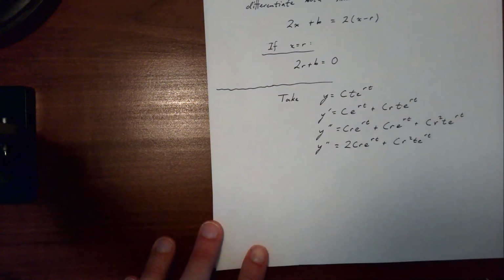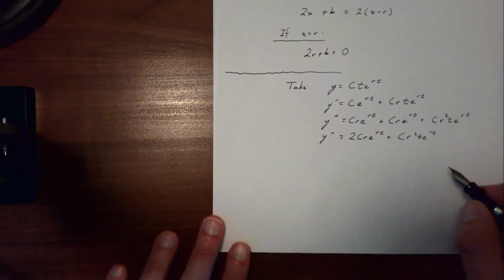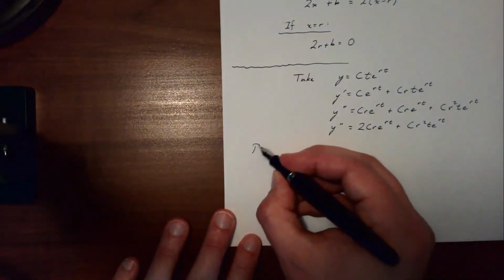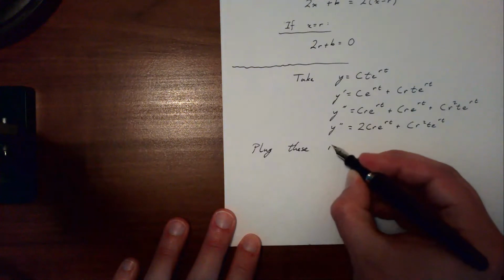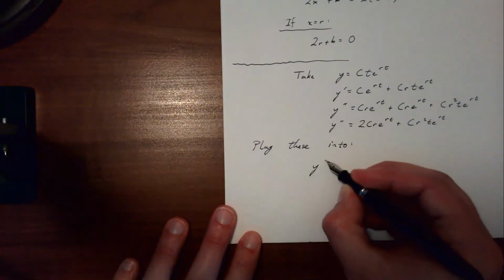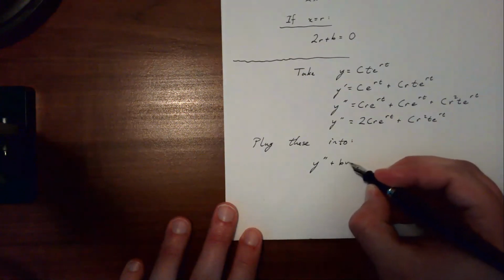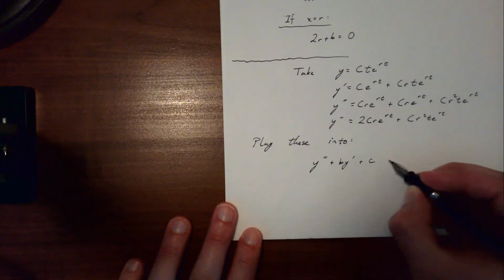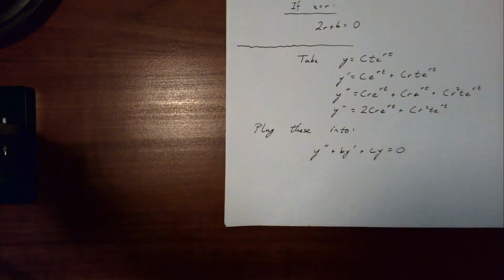Okay, so now we will plug these pieces all into the original differential equation and see what happens. So if we plug these into y double prime plus b y prime plus c y equals 0, then let's just check.